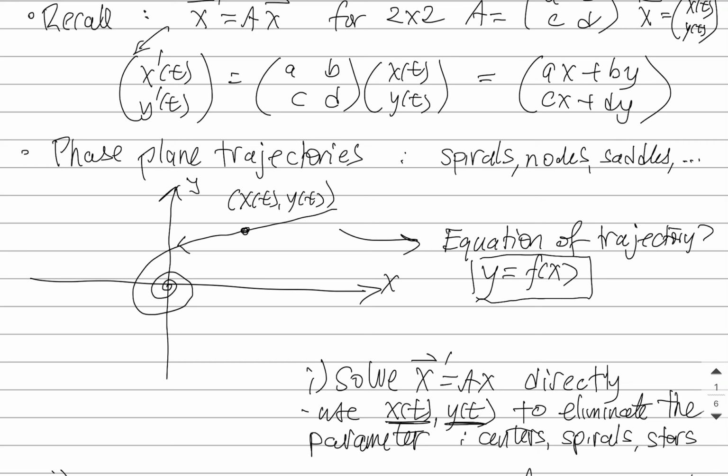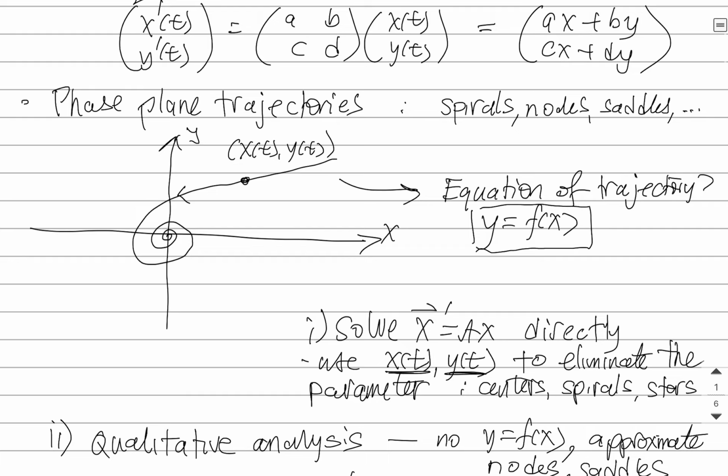So we did some algebra to get rid of the t dependence and come up with some curves in the phase plane. So that's how we ended up with equations for centers, so circles, ellipses, spirals, star nodes, things of the sort. That was one option, and we've investigated that thoroughly for linear systems.